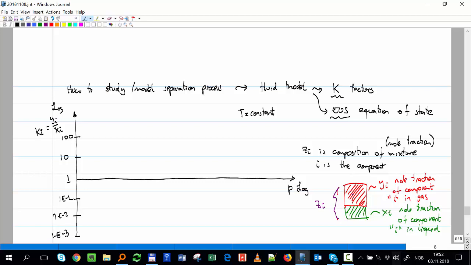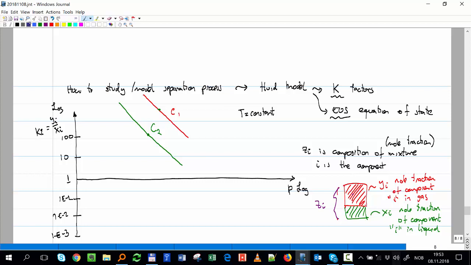And what they saw was extremely interesting. They saw that for some components, light components, the line is here. This is for C1, maybe C2. They took a mixture and measured the mole fractions at different pressures, and they saw that it has that behavior, just a straight line in a log-log plot.